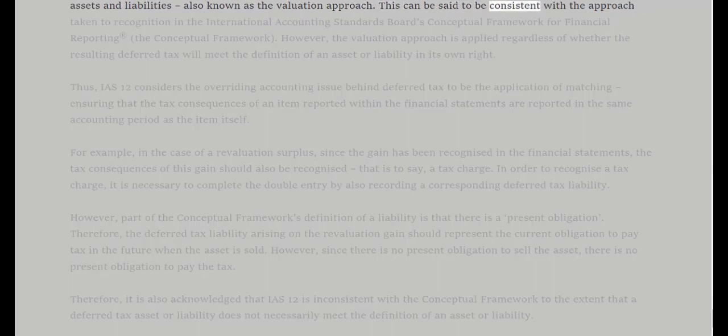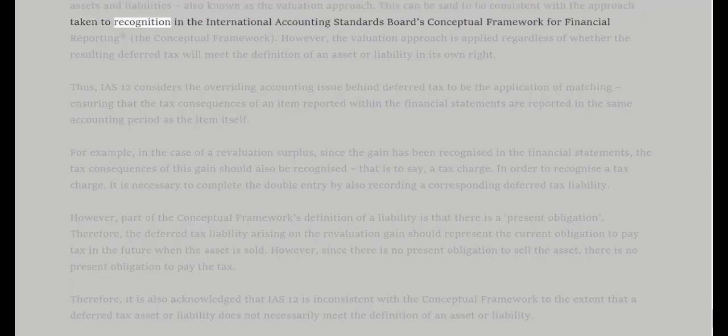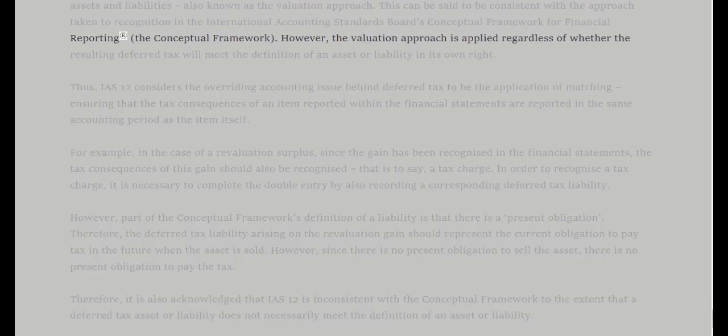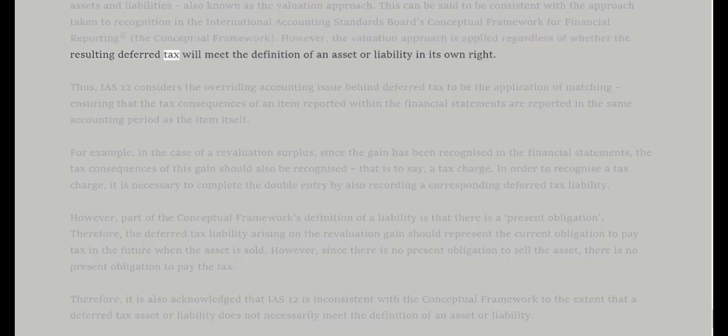This can be said to be consistent with the approach taken to recognition in the International Accounting Standards Board's Conceptual Framework for Financial Reporting. However, the valuation approach is applied regardless of whether the resulting deferred tax will meet the definition of an asset or liability in its own right.